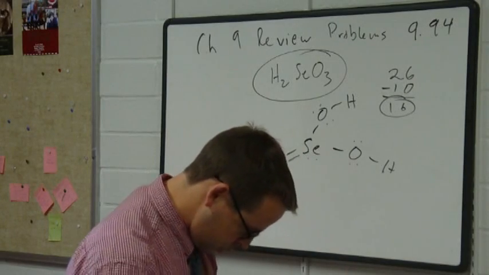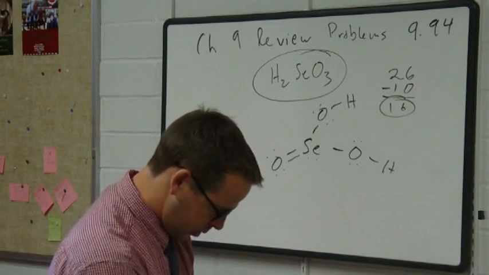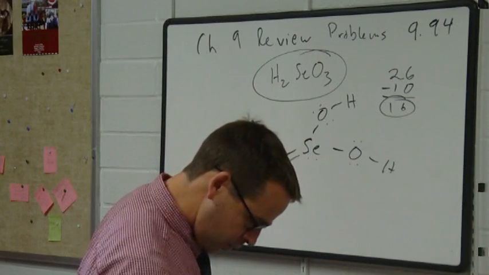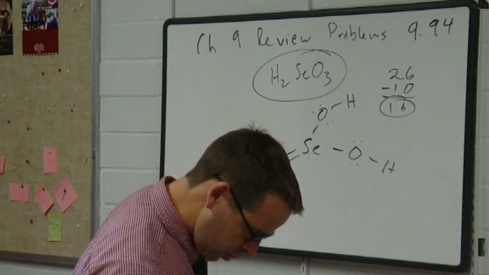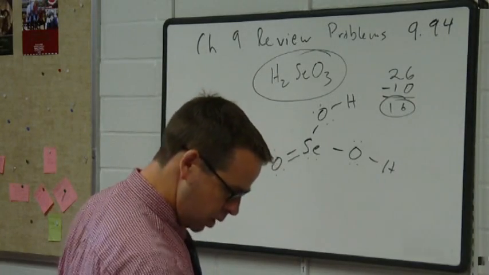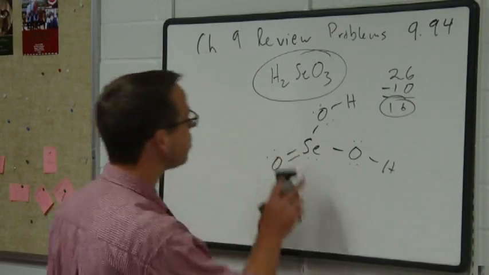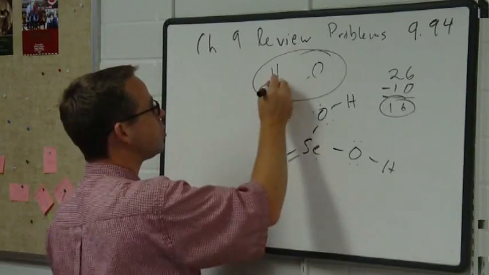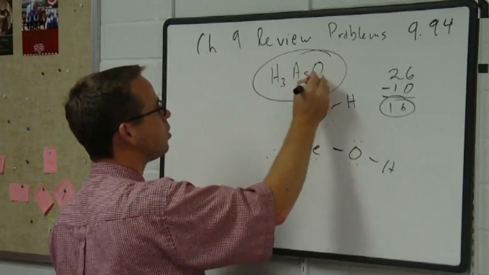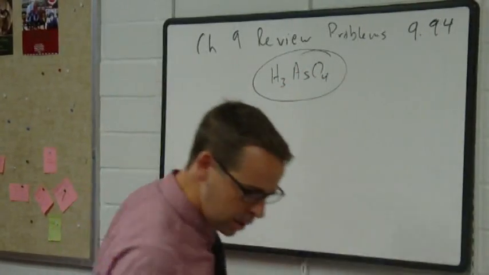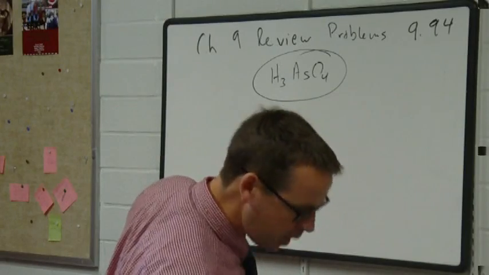994. That was H2SeO3. Now H3AsO4. All right, so arsenic has 5.